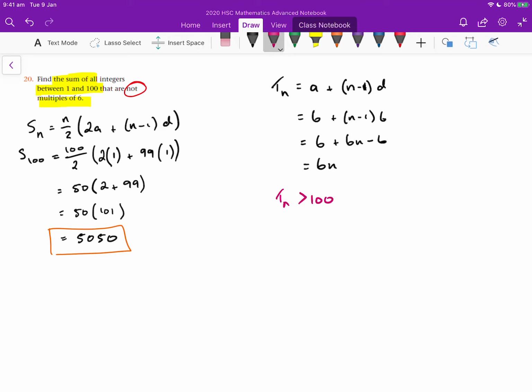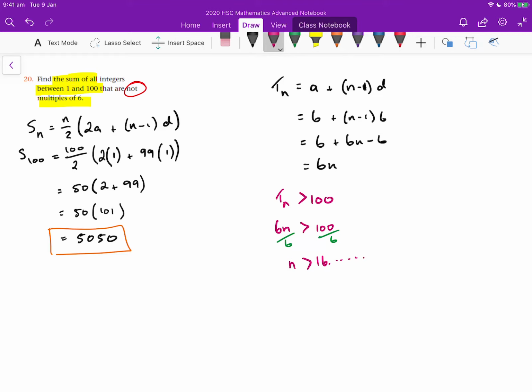So we know that the terms are 6n, that's our function for the terms, and it needs to be greater than 100. What we can do now is divide everything by 6, which gives us n needs to be greater than, it's around about 16 point something. So that means that the 17th term will be the first one after 100.